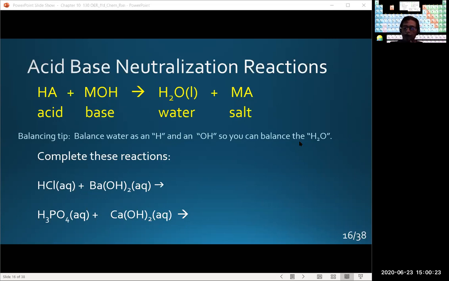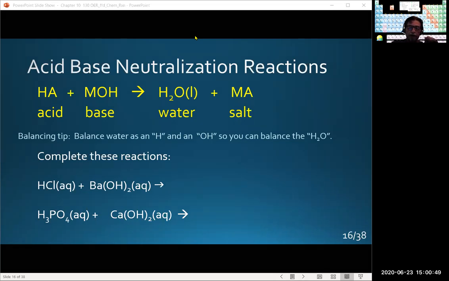You always get water all the time, and then the corresponding salt, depending on what the metal and the non-metal were when you first started. Now, to balance the reaction here, okay, follow the hydroxides and the protons, okay?